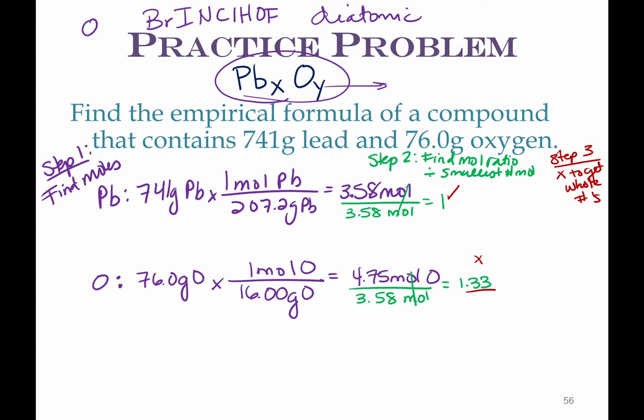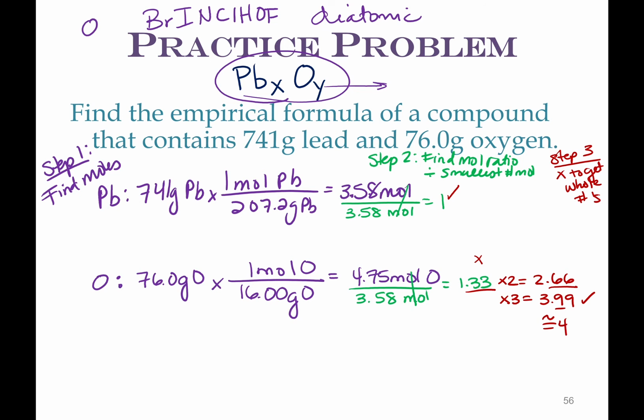You can always do trial and error. So what is 1.33 times 2? It's 2.66. That is not whole and it's not roundable, so we need to continue. What is it times 3? 3.99. 0.9 is roundable, so we can say that that is approximately 4.